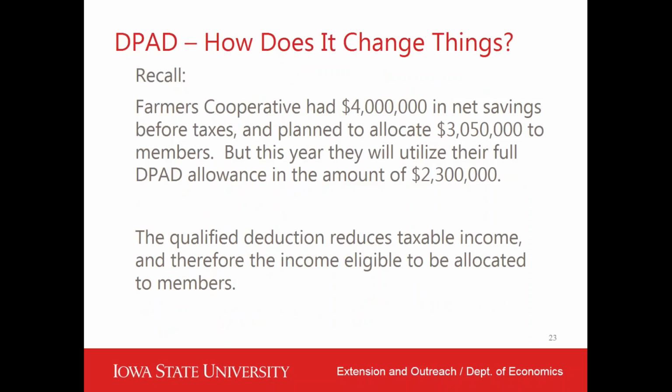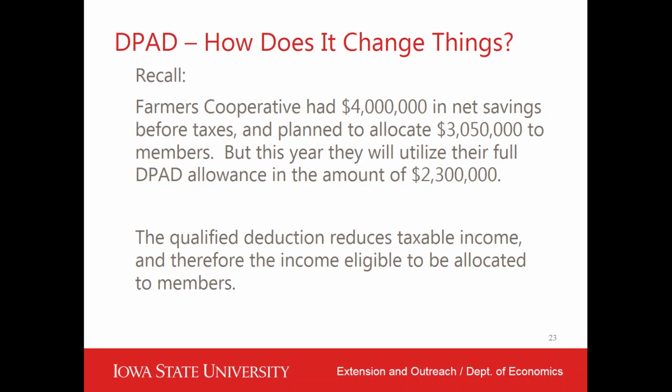So the next topic, and kind of the final topic to wrap this up, is DPAD and how this affects everything. I have glossed over this, but if I introduce this little wrinkle called DPAD that exists at the co-op level, I'm going to go back and say, okay, Farmers Cooperative had $4 million in net savings before taxes. They plan to allocate $3,050,000.